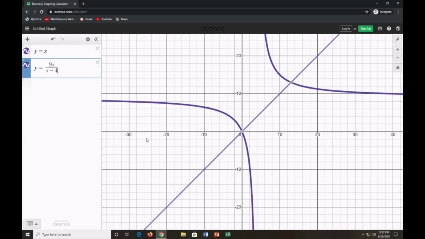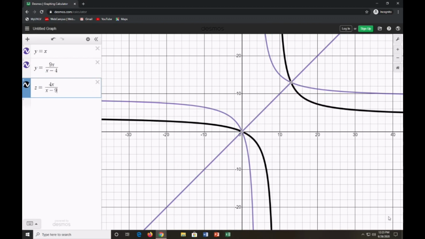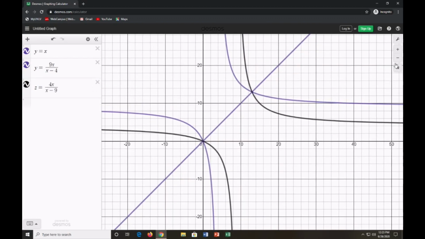Look at that. So we have that. And then we found that's a one-to-one function. And then we found the inverse to be 4x divided by (x minus 9). Look at that. Let me zoom out.